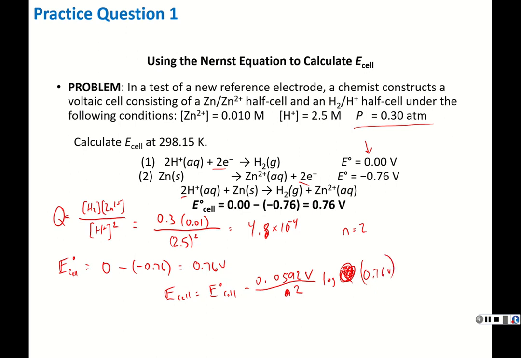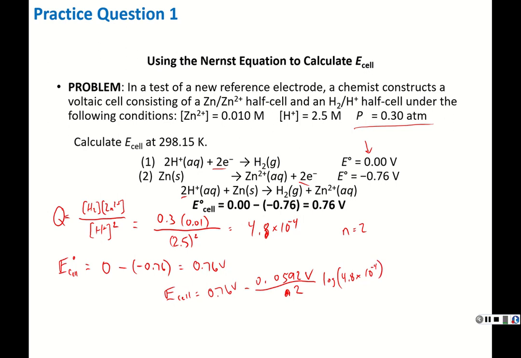Let me just erase that. Try to save some space here and actually plug things in. So this is 0.76 volts, and this was Q, 4.8 times 10 to the minus 4.